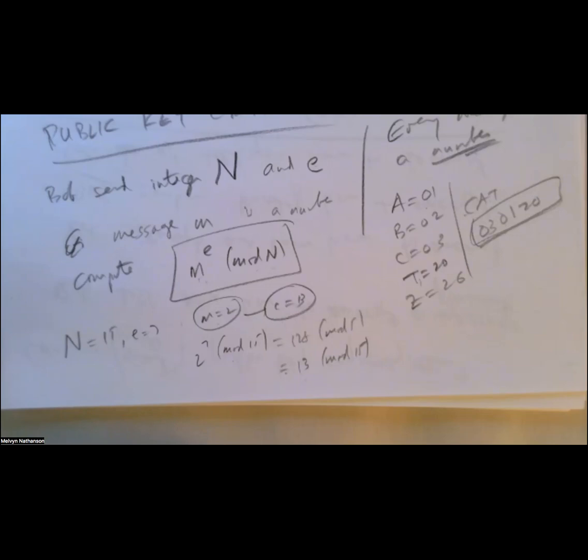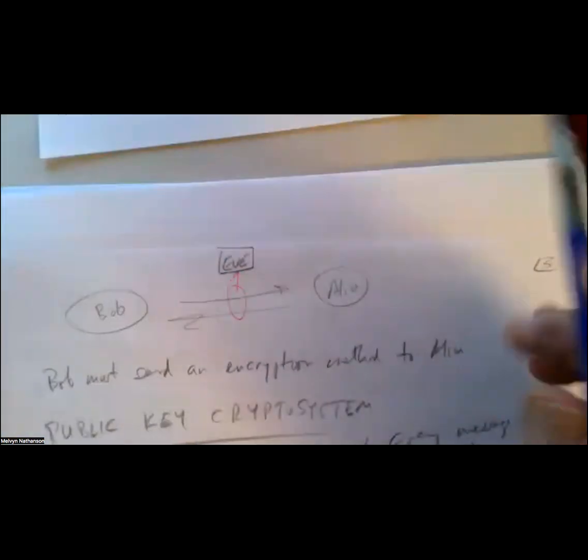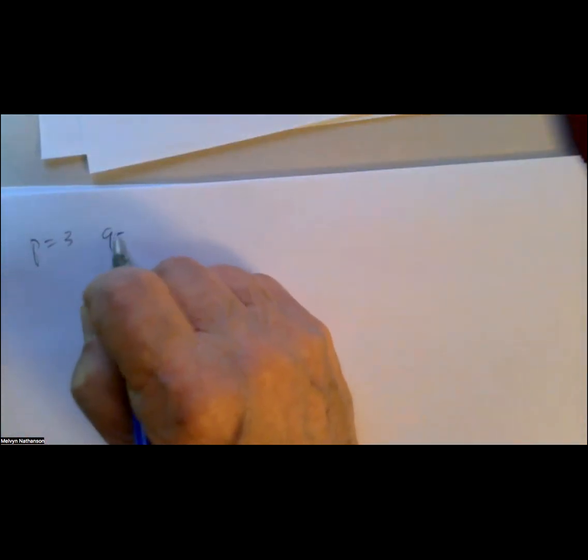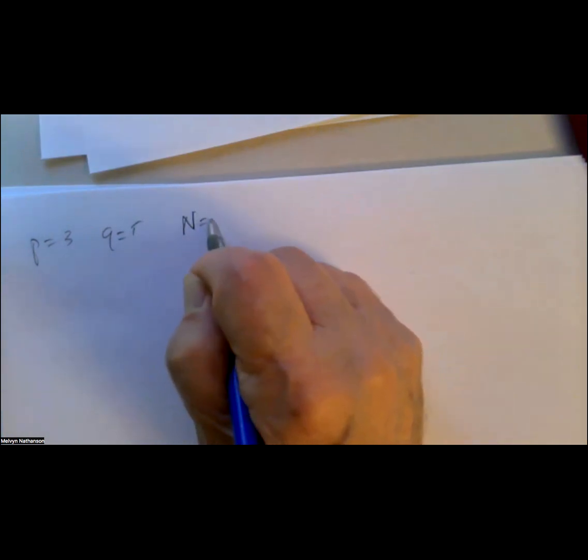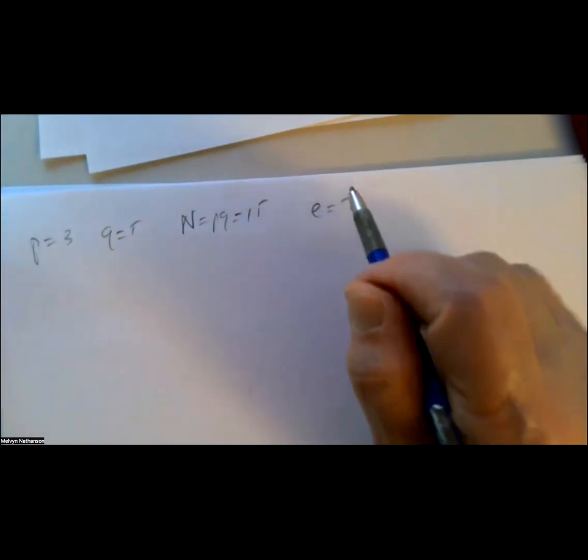And Bob has a way. So let me just say, you take two primes. I'm making really very trivial stuff. P equals 3, Q equals 5, N is PQ is 15. And I let E be equal to 7.